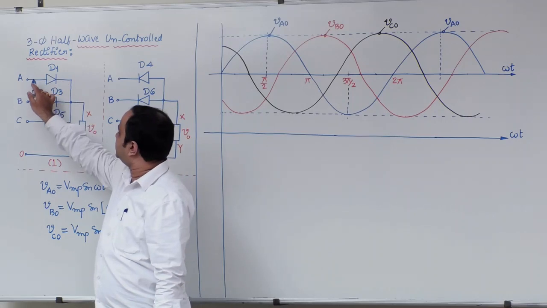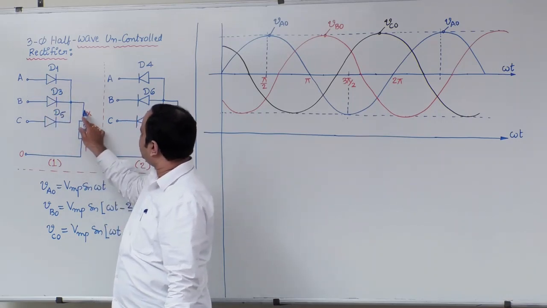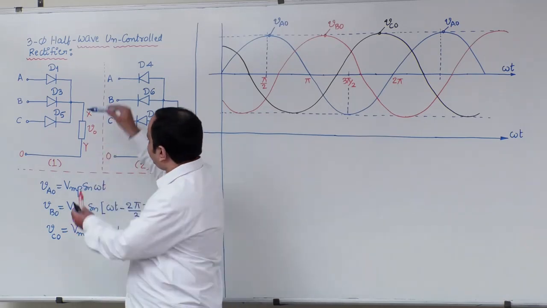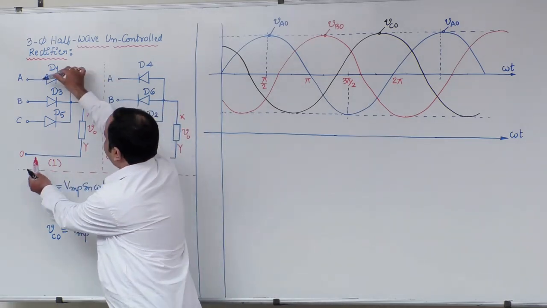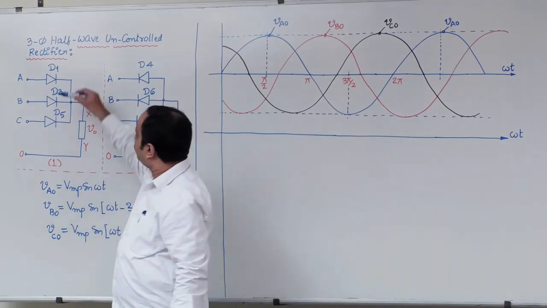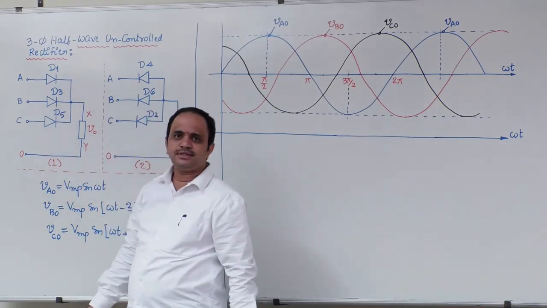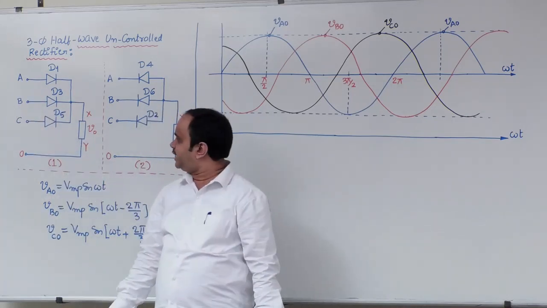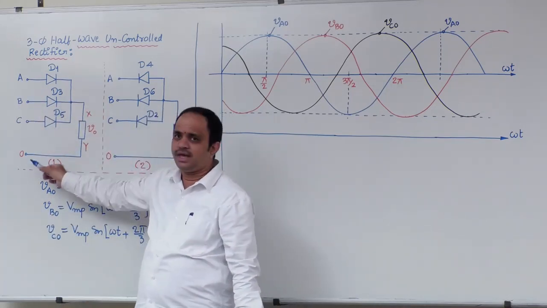When D1 is turned on, load terminal X will be connected to source terminal A. Therefore, voltage across XY terminals will be same as voltage across AO. That means if D1 is on, output voltage will be same as VAO.